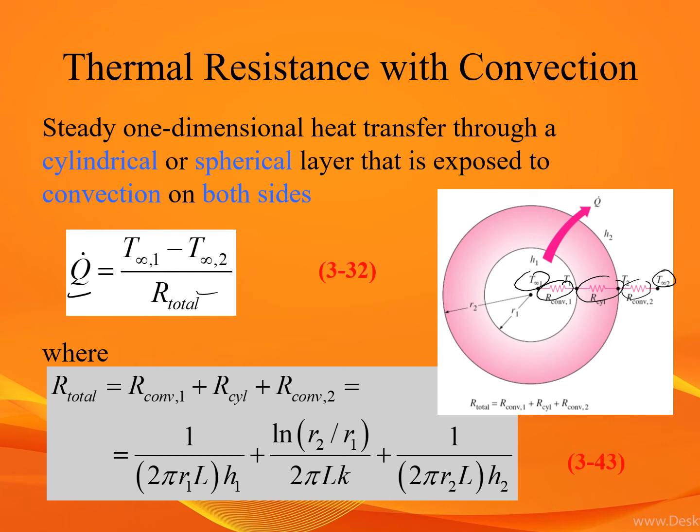For our convection, we calculate the same 1 over HA, but that A uses the formula 2 pi RL, the surface area. For the thermal resistance for conduction, we use the formula that we derived just now, and convection is the same like before.